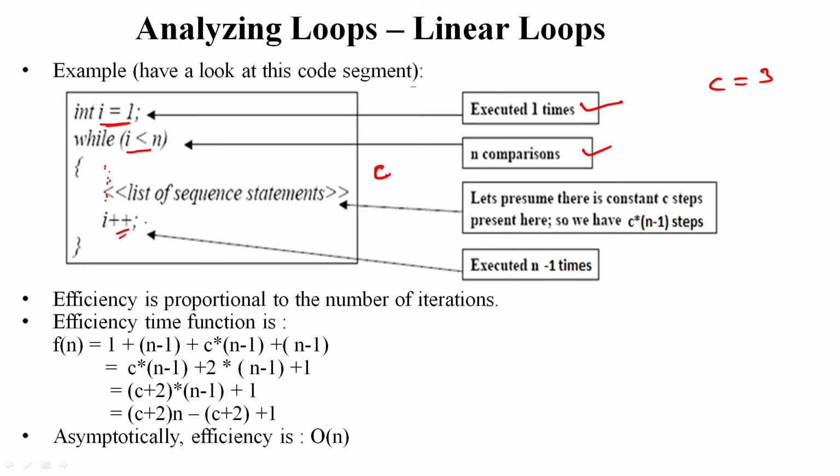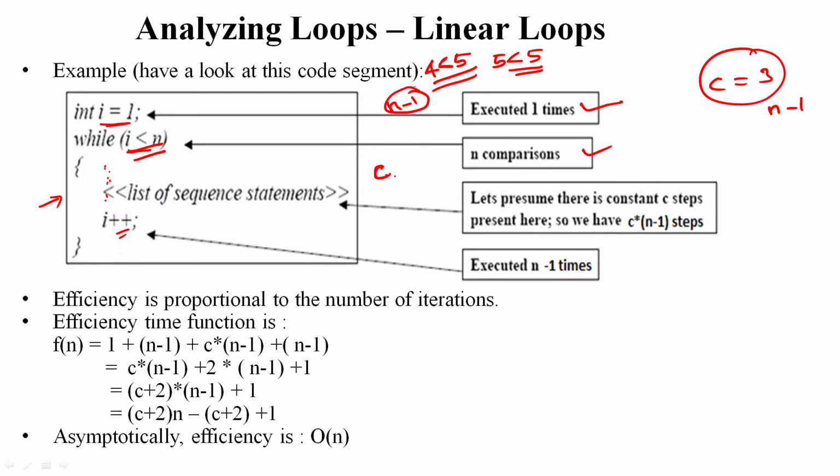Then i plus plus. These 3 statements will be executed for n minus 1 time, because here the comparison is performed for i less than n. So when n is 5, it will check until 4 less than 5. When 5 less than 5, the condition automatically becomes false. So it will check until n minus 1 time, so this block will execute for n minus 1 times.